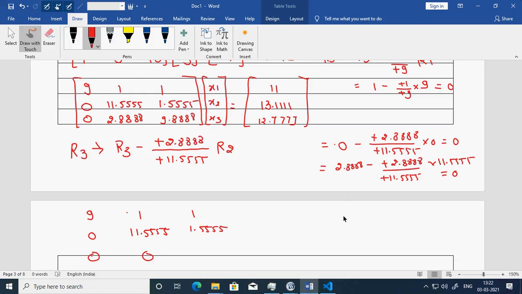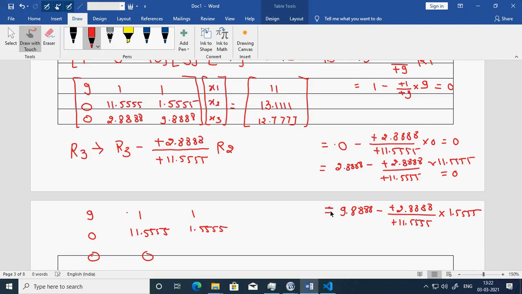Okay. Next is 9 point this one. So it is equal to 9.888 minus plus 2.888 divided by plus 11.555 into R2, that is 1.555.